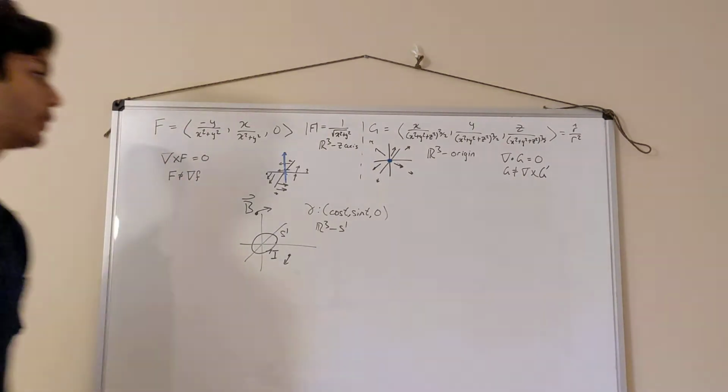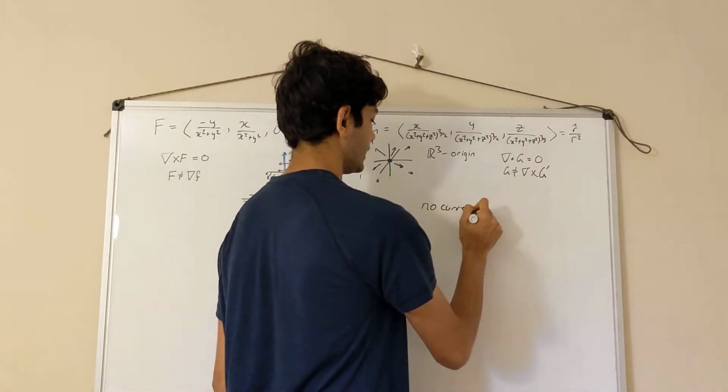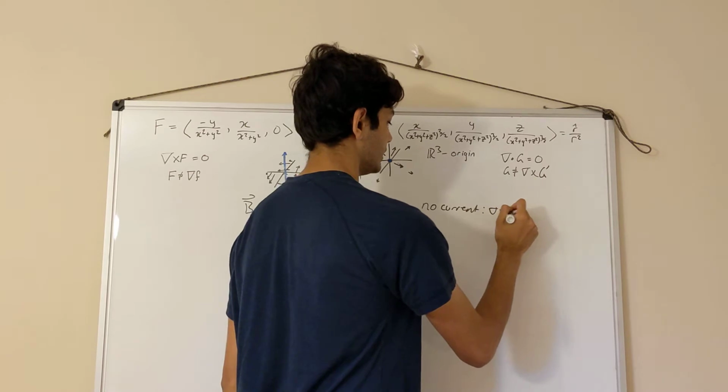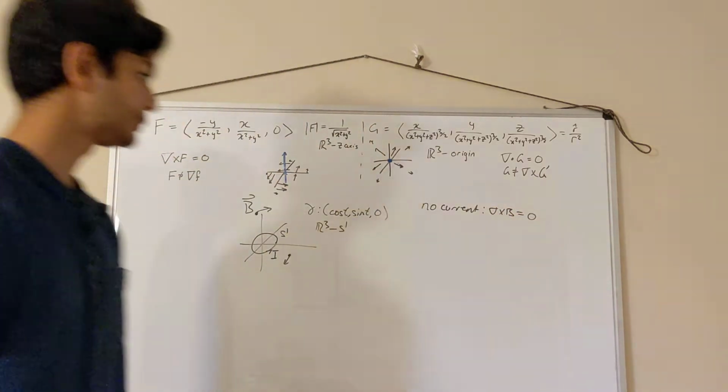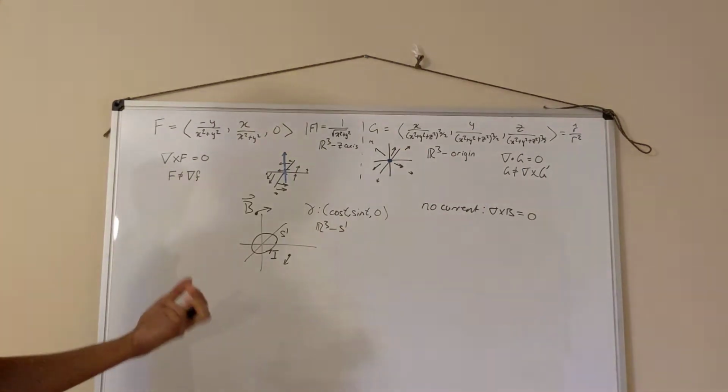So how does that work? Well, Maxwell's equations tell us that in regions with no current, we're going to have the following, that the curl of B is equal to 0. And that's pretty much Ampere's law.